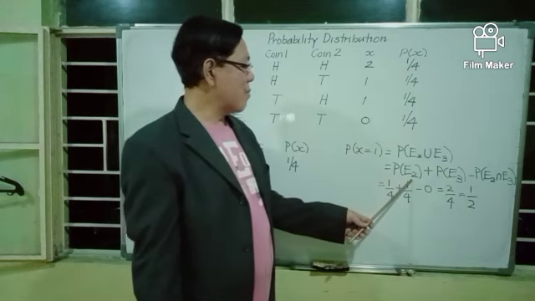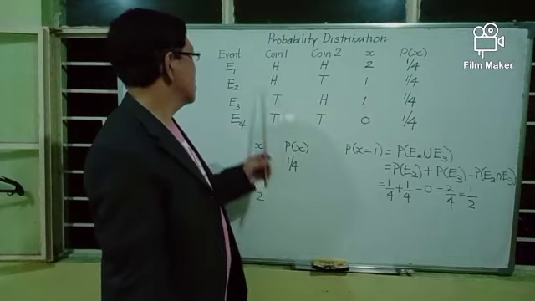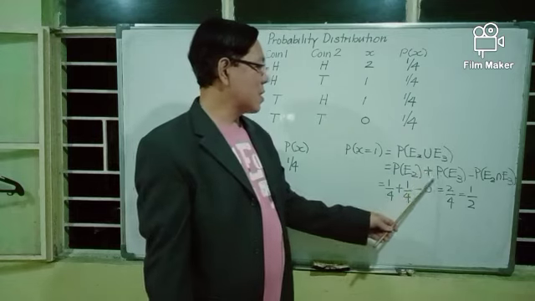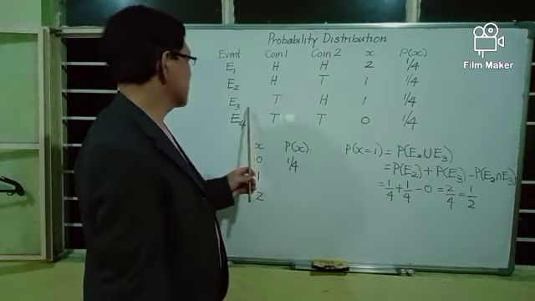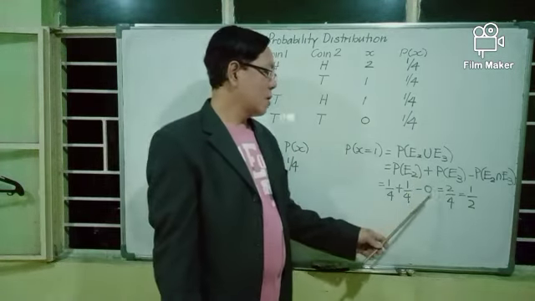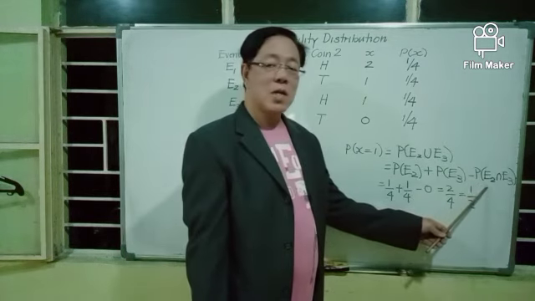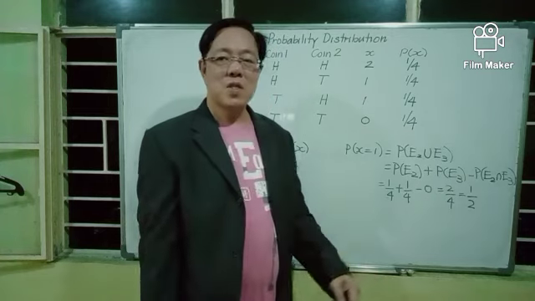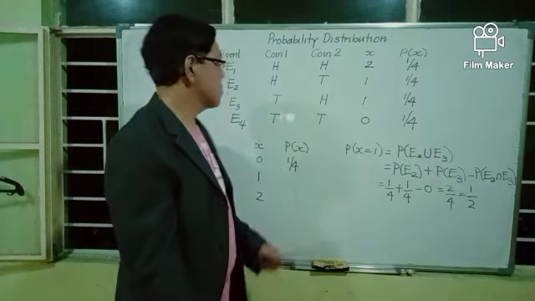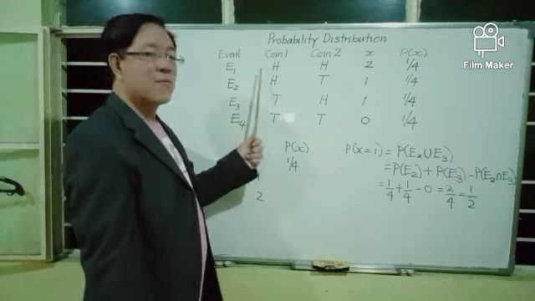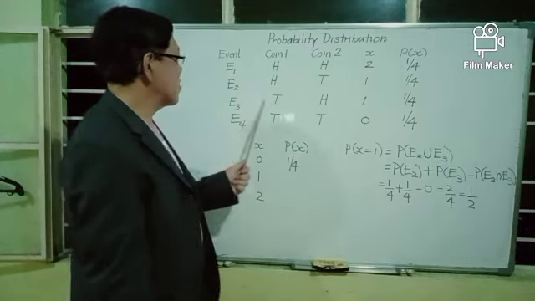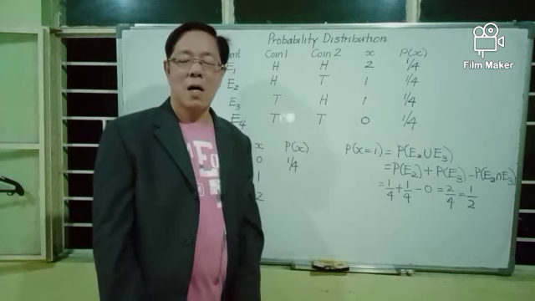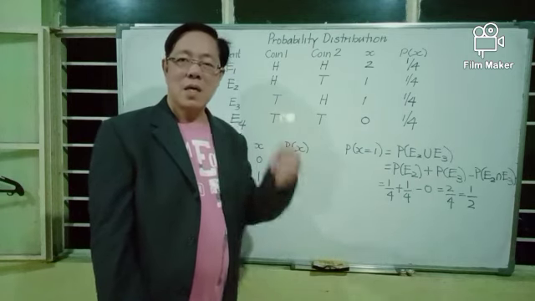Now, the probability of event E2 is 1 over 4, plus the probability of event E3, 1 over 4. And the probability of E2 intersection E3 is 0. Which means that the event of getting one head in the first coin and the event of getting one head in the second coin cannot occur at the same time.